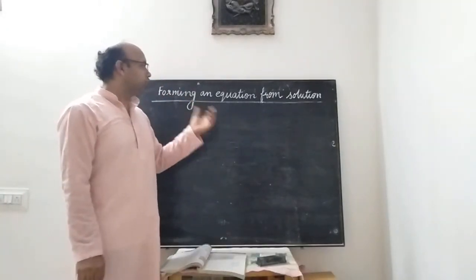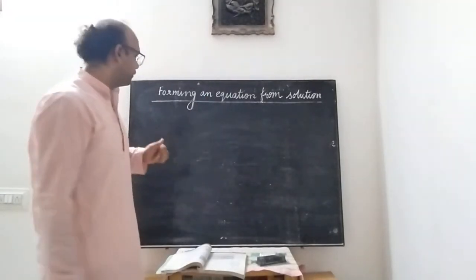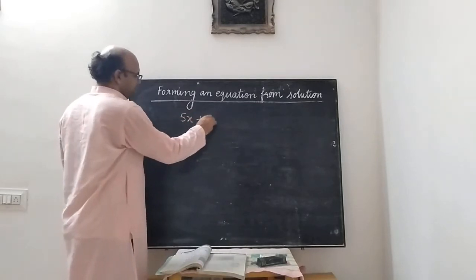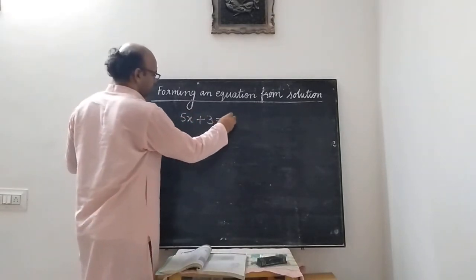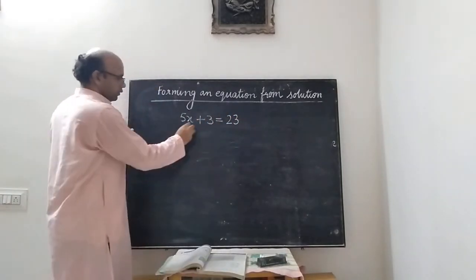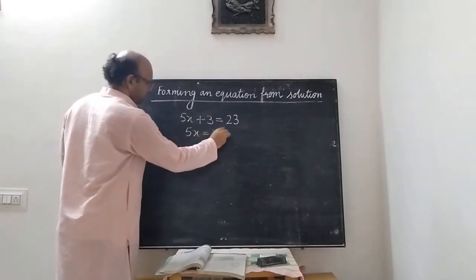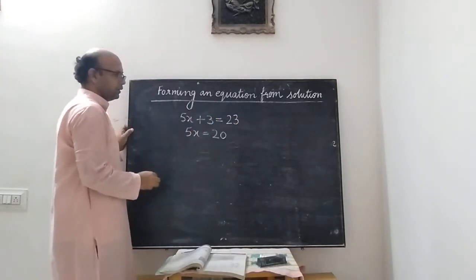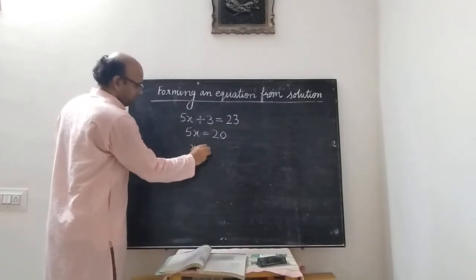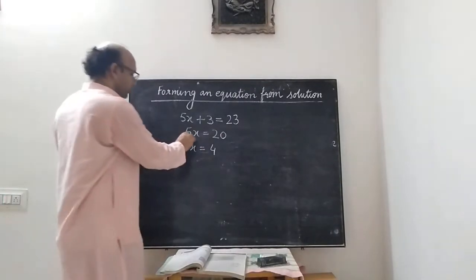But when we talk about moving the reverse way, suppose I say 5x plus 3 is equal to, say, 23. So we have 5x now becomes 20. We are subtracting 3 from both the sides. When we divide by 5, we have x is equal to 4. So this is the solution.